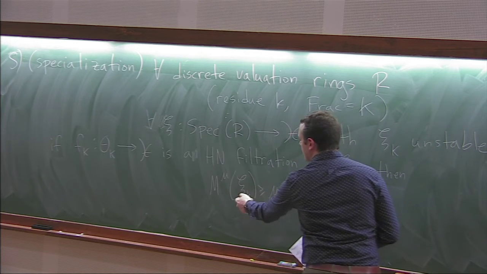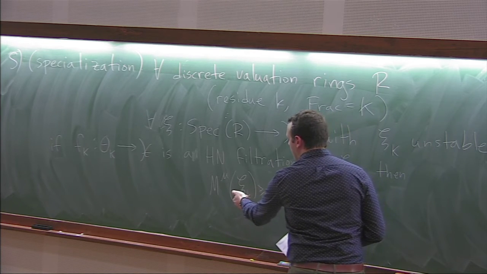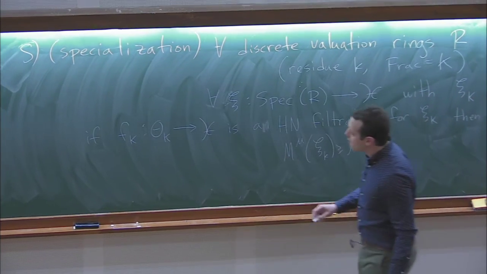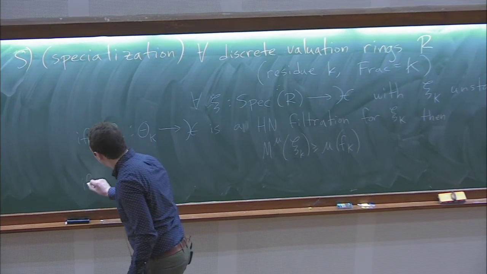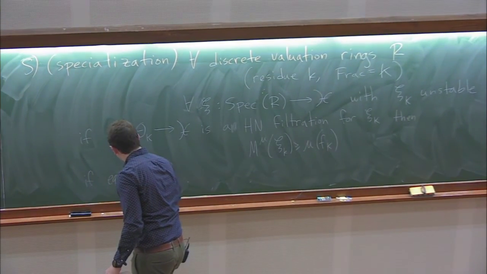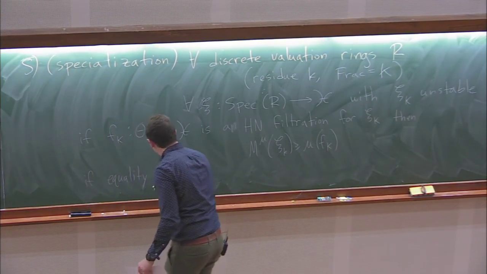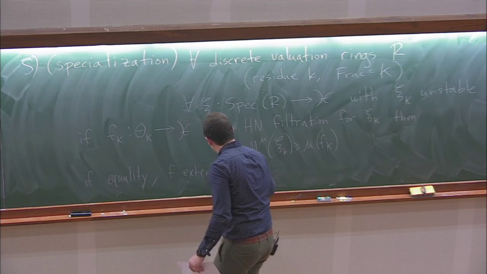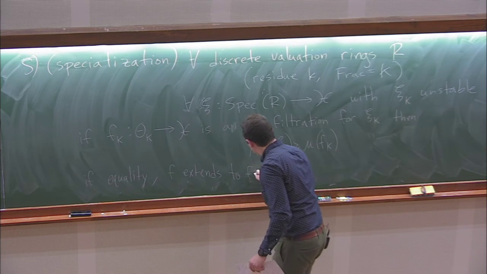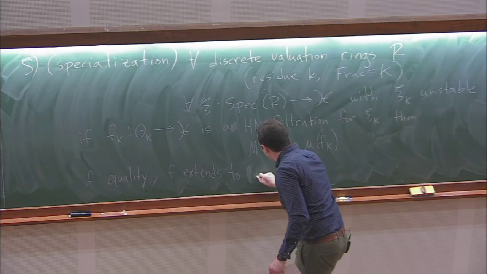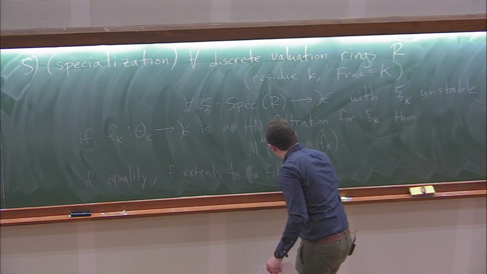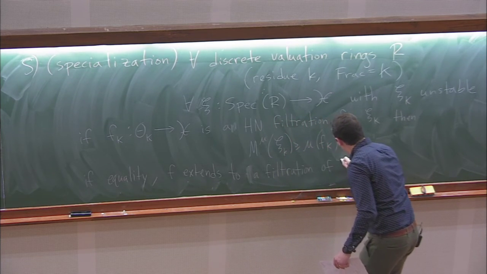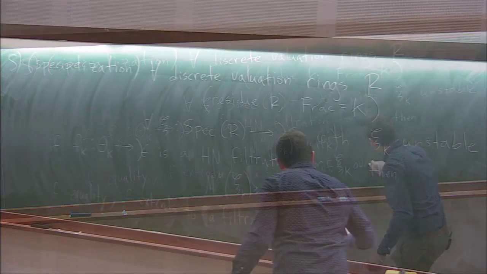So this is just saying that the special fiber is at least as unstable as the generic fiber, and if equality holds, then F extends to a filtration of psi over the whole DVR.